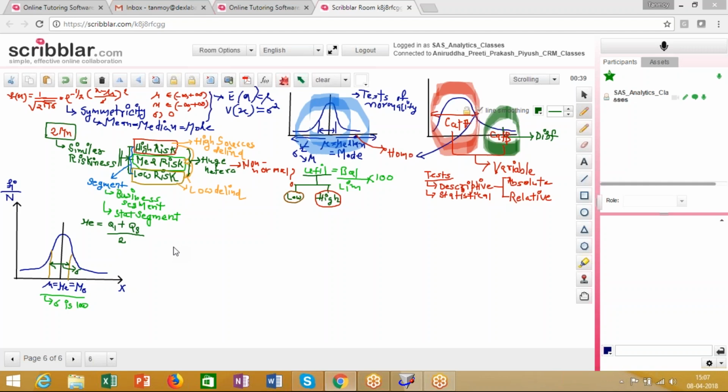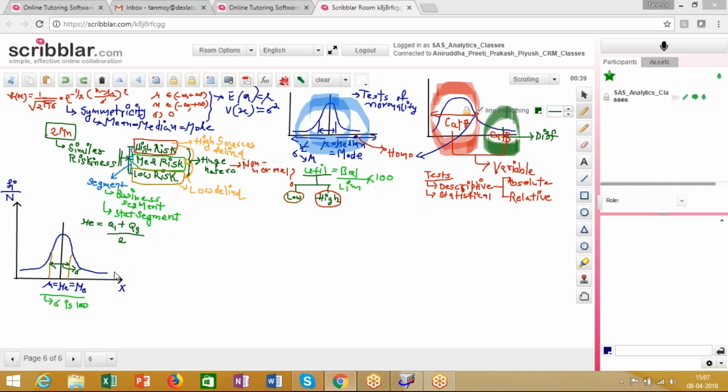For a variable to be normally distributed, the median must be the midpoint of the first and the third quartile, right? So this is what we have over here.